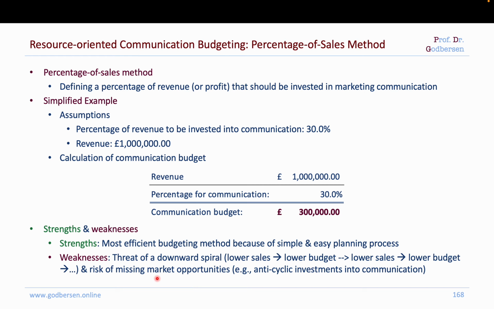For instance, some scholars and also practitioners advocate for anti-cyclic investments into communication, meaning when the industry or the whole economy is in a boom phase, all is growing, everybody has enough money, everybody's happy, advertising is not too important. To win market share, you should advertise in a recession or a downturn of the economy.